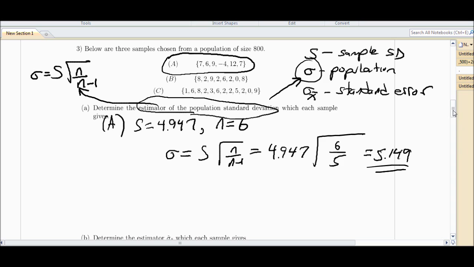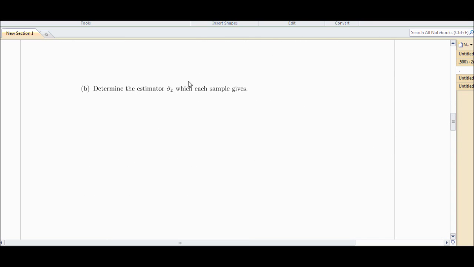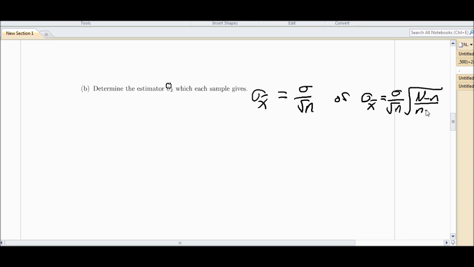Now for part B, what it wants is sigma x bar. You see the little hat there. Ignore the hat. We just want to find this, and for the formula for this, there were 2 of them. You can either have this formula or this one here. Now this one is when a population size is given.